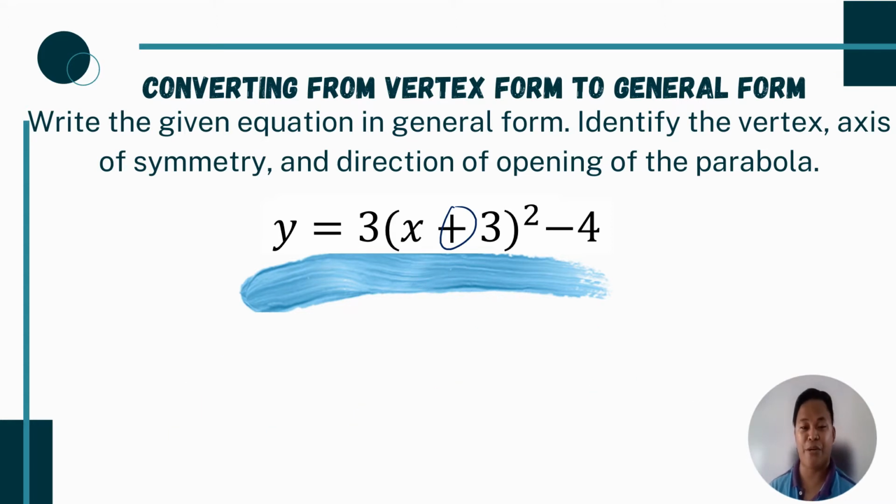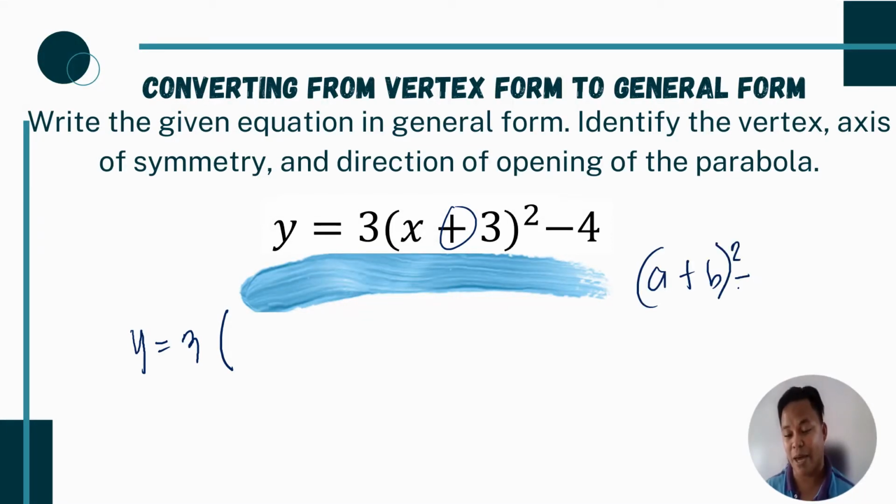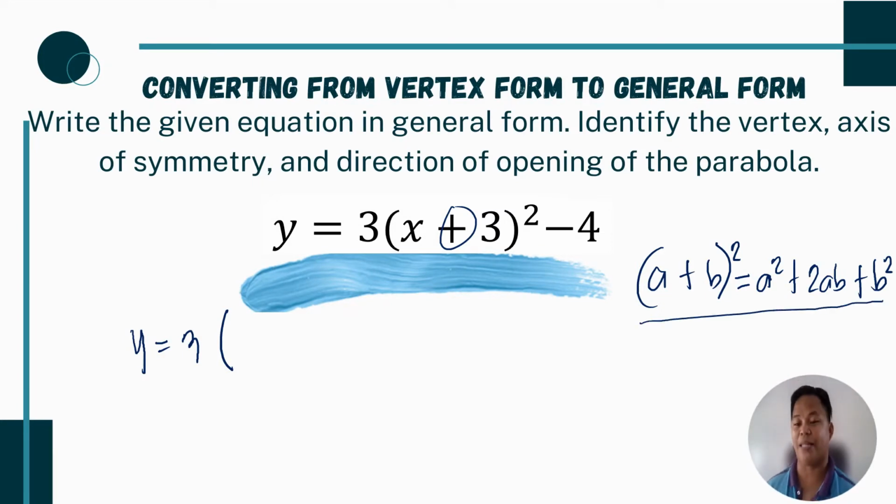Let us now convert this equation into the general form. We have y is equal to 3, and we're going to expand this square of a binomial. Since the quantity a plus b squared is equal to a squared plus 2ab plus b squared, we're going to follow this special product.